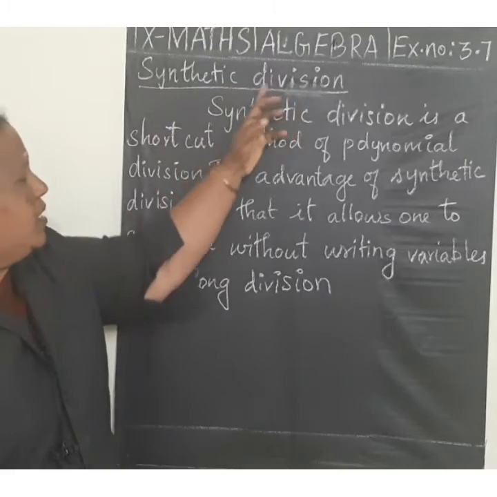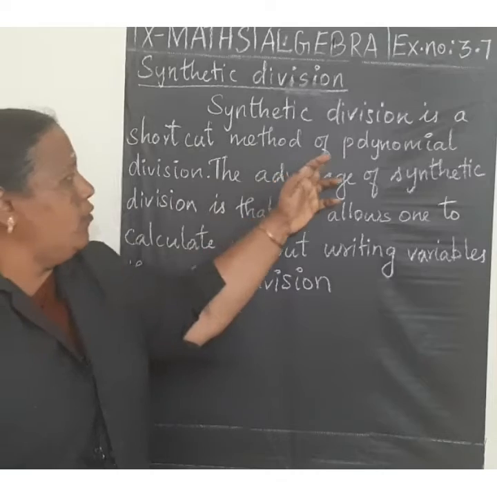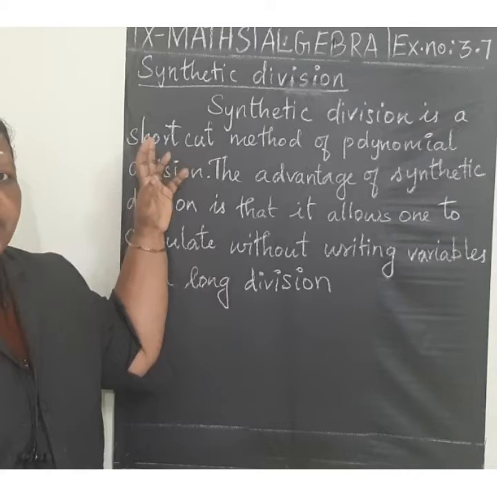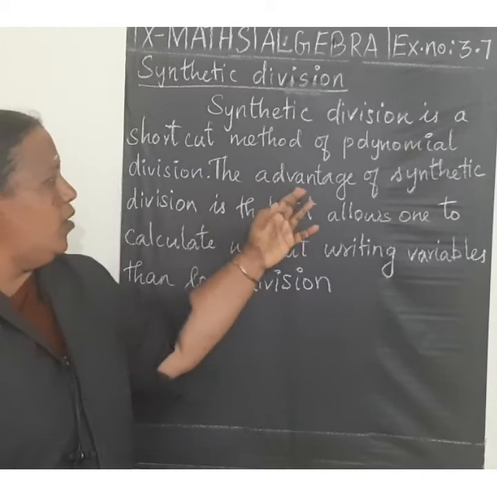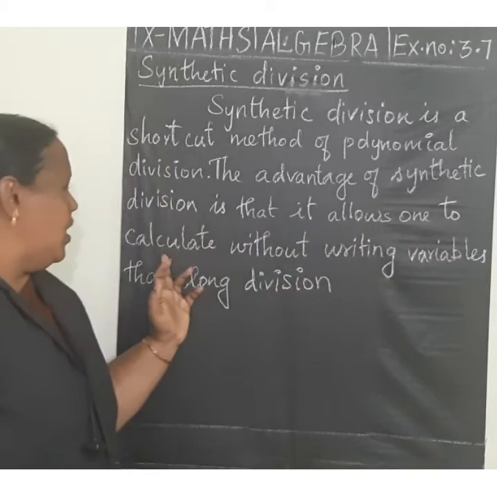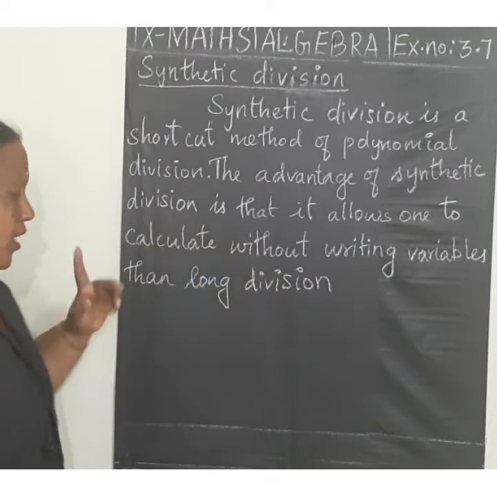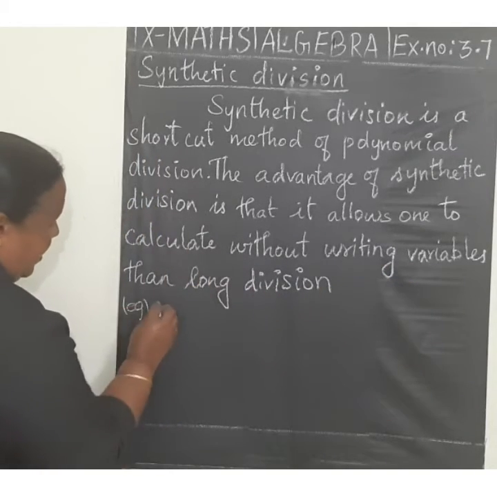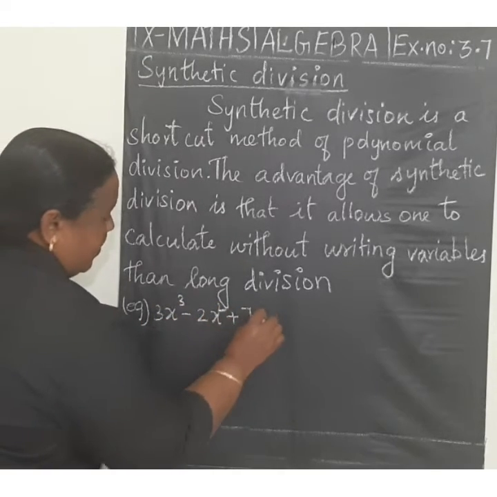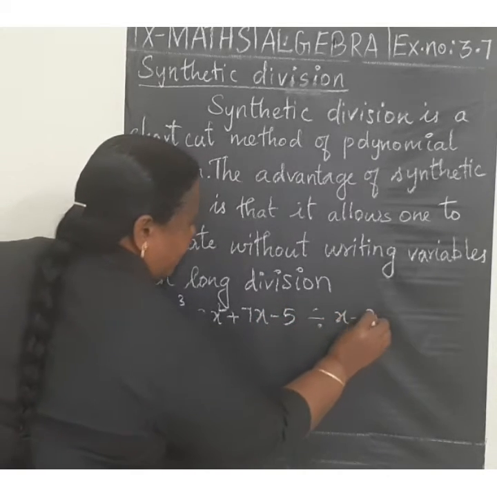Next, synthetic division. Synthetic division is a shortcut method of polynomial division. The advantage of synthetic division is that it allows one to calculate without writing the variables, unlike long division. For example, take 3x cube minus 2x square plus 7x minus 5 divided by x minus 3.